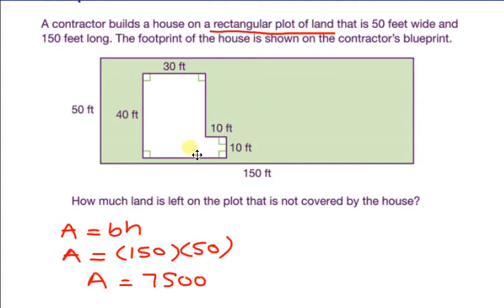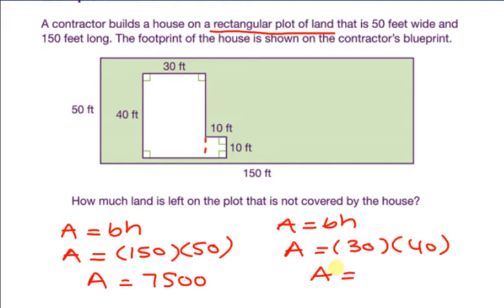Now, we have a compound figure here, and it looks like the easiest way to do this would be to separate it right there, but again, we could have done it a different way. So we have this rectangle right here. Area equals base times height, the base here is 30 and the height is 40. 30 times 40 is going to give us 1,200.